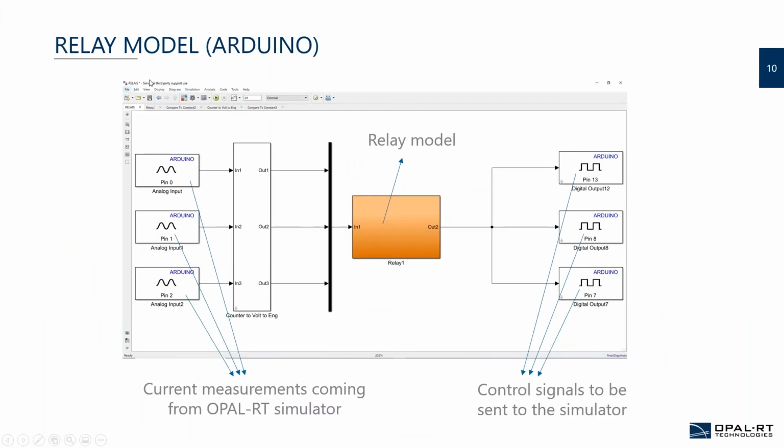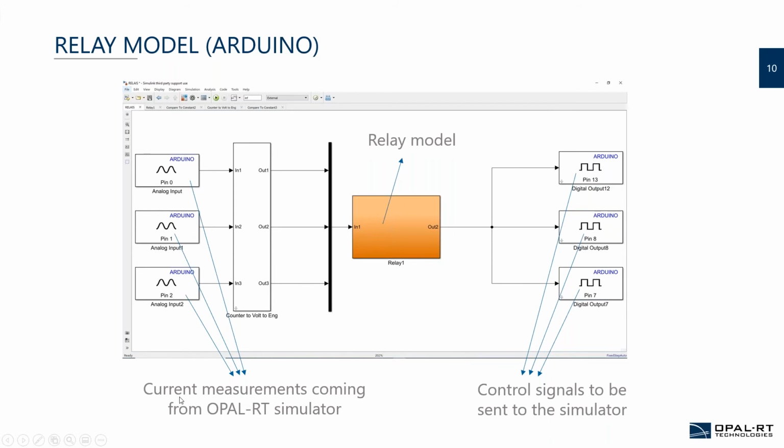So this is just returning to the relay model, the relay model that is uploaded in the Arduino. This is my MATLAB Simulink model. I will not work with the Arduino IDE programming, but I will just upload the MATLAB Simulink model. Inside my Arduino model, I have three analog inputs: the first one, the second one, and the third one.